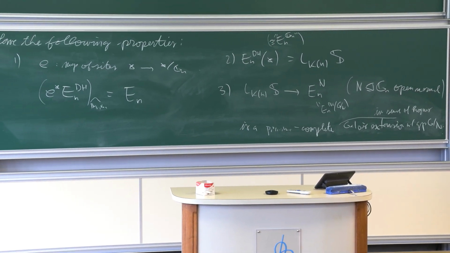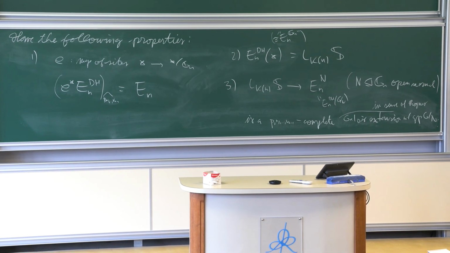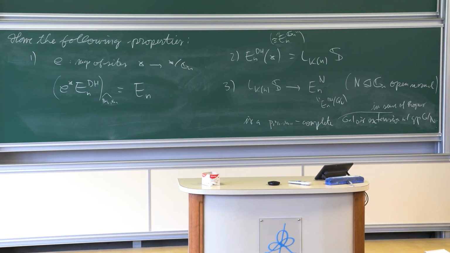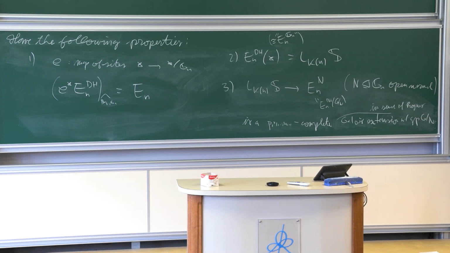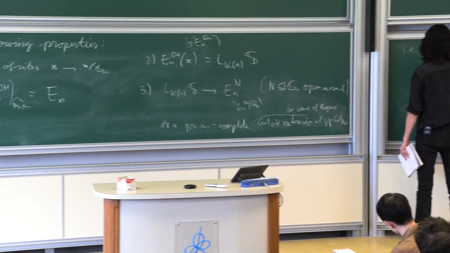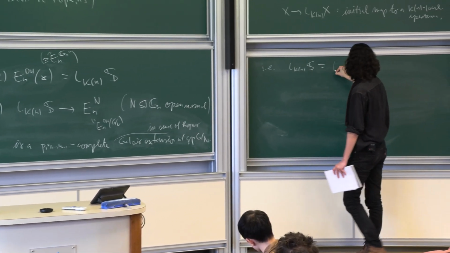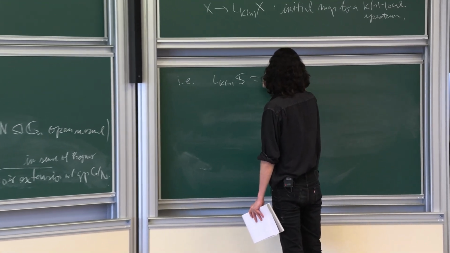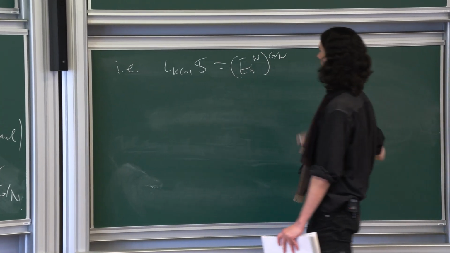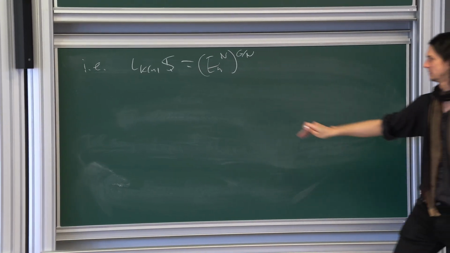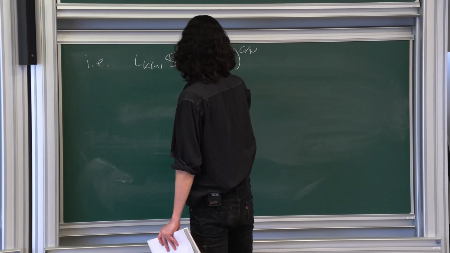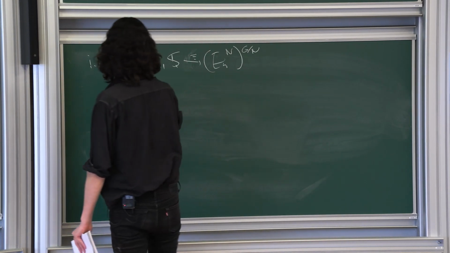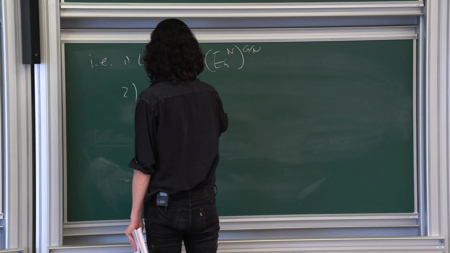Okay. So what this Galois property means, well, first of all, something that follows just from it being a sheaf is that this is the fixed points of the action. So that's one property, but the second property is the kind of the Galois property.